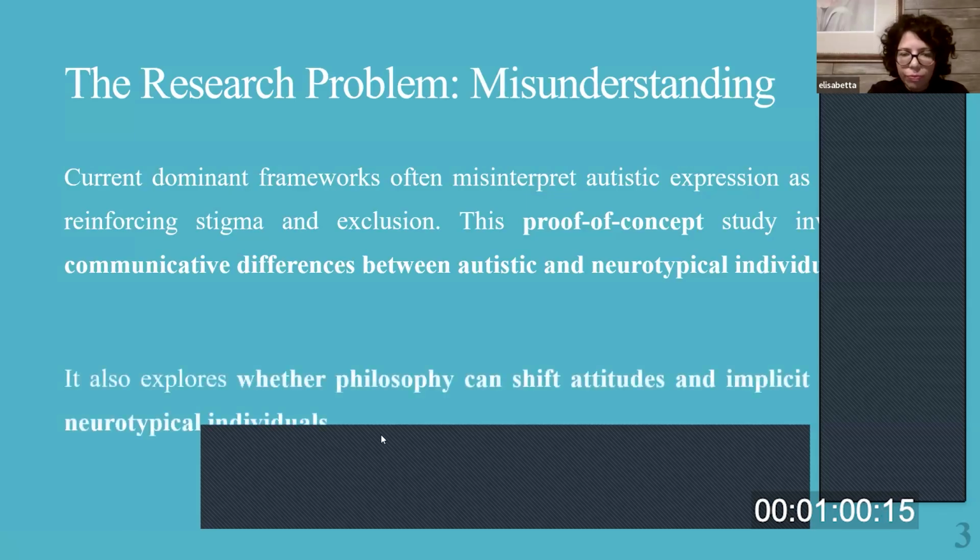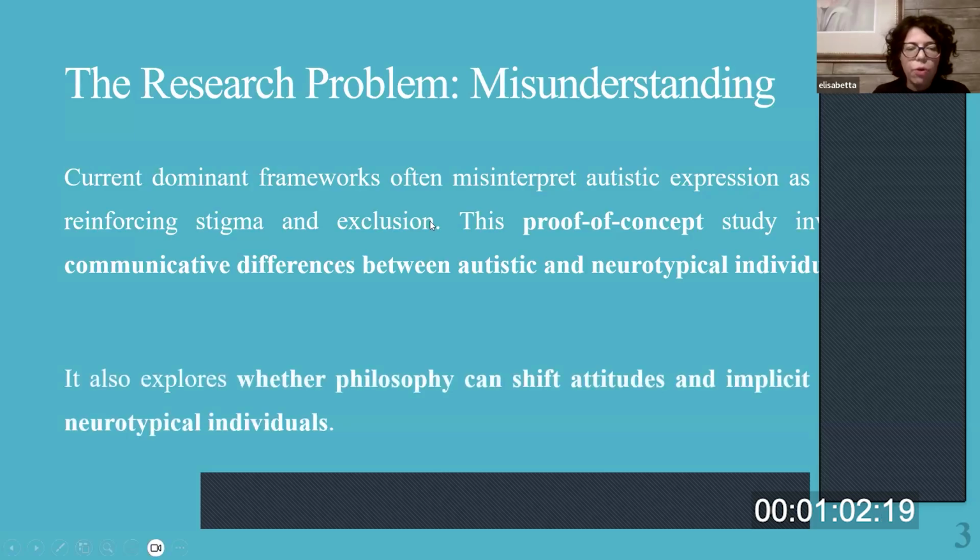And moreover, I want to explore whether philosophy can shift attitudes and even implicit attitudes from neurotypical individuals. So what we want to do is to work on neurotypical frameworks, not on autistic people.